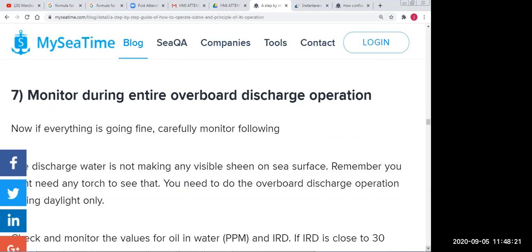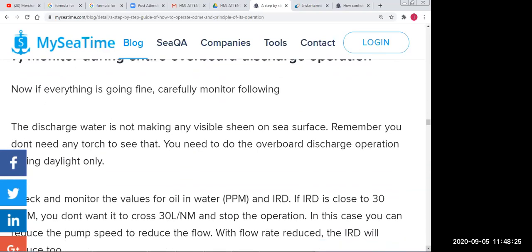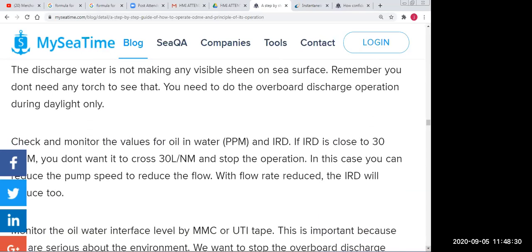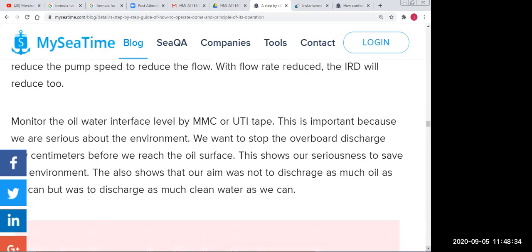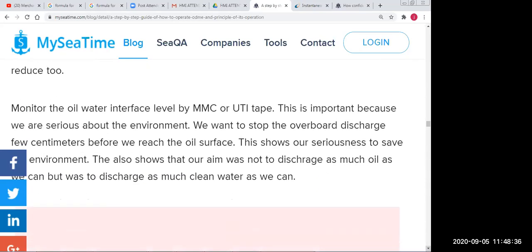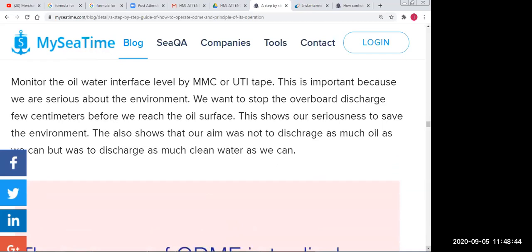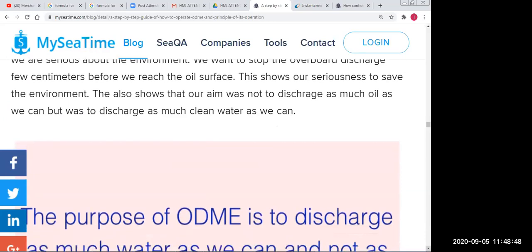We continue monitoring that it is within two things: within 30 liters per nautical mile and within the maximum rate. If not, then overboard discharge will either be closed automatically, or we have to close it before that. We keep measuring by CCR gauges or MMC or UTI how much water is going overboard, whether the tank level is reducing, and till how much we want.